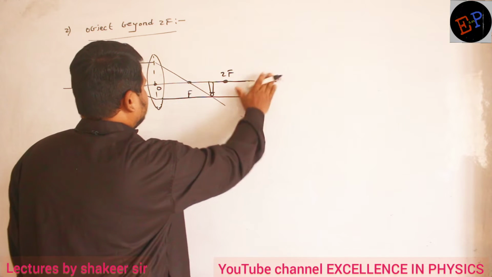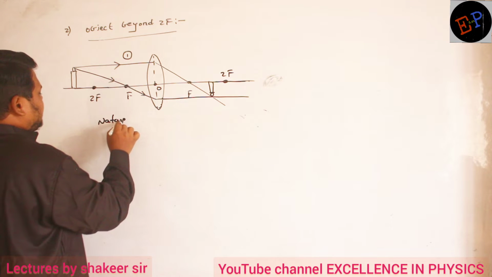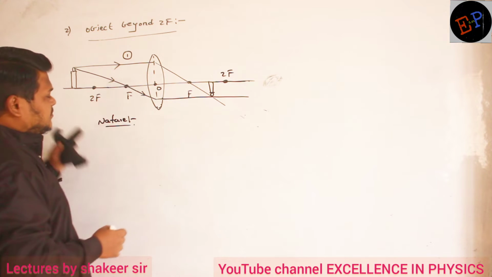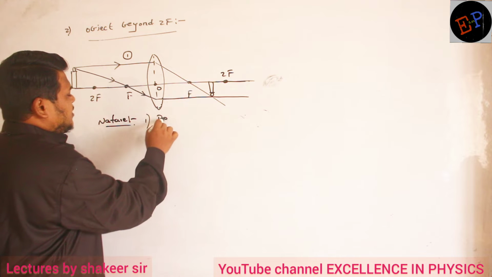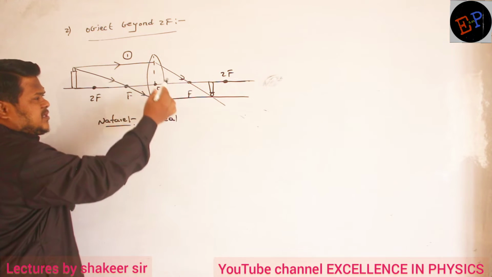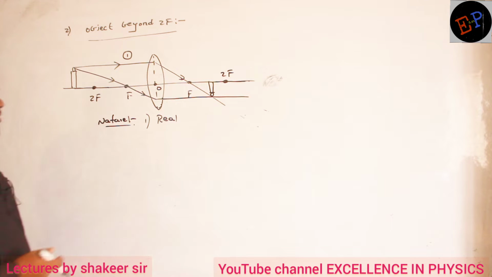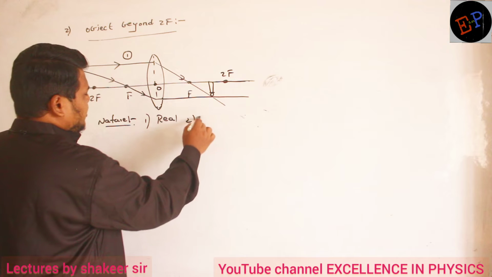And let us write the nature of the image. I will write it here: nature of image. What is the nature of the image created? First one, definitely it is a real image, because this image is formed by real light rays. Second one, inverted image.